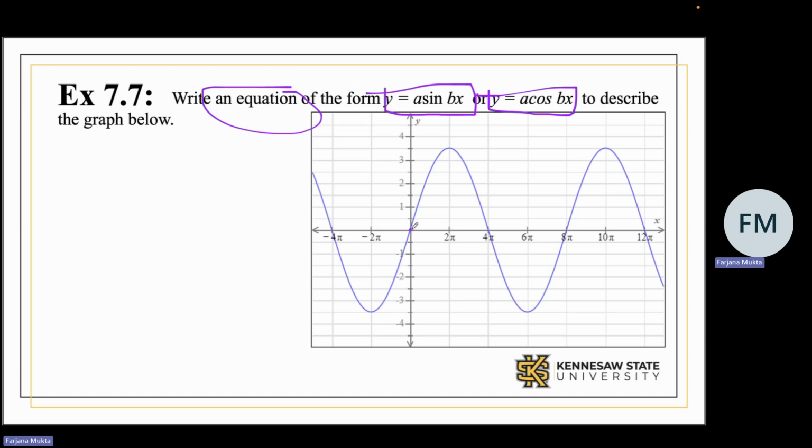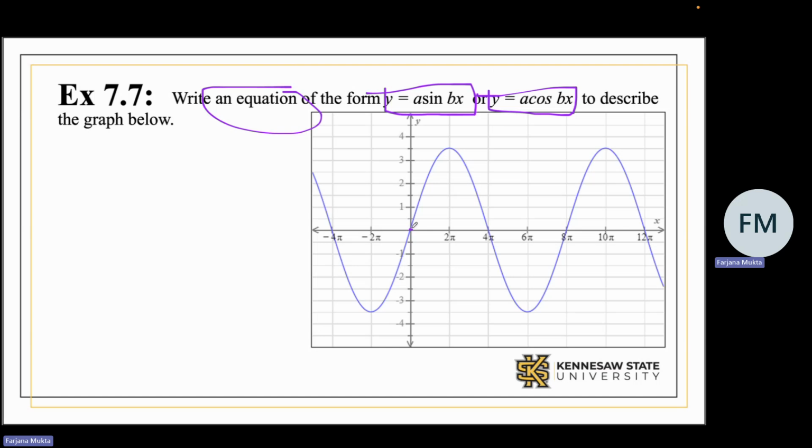Both x and y values are 0. Since the graph is starting from 0 and the corresponding value for the angle 0 is 0, for which function does that happen, sine or cosine? Sine, of course, right? For cosine, the value at 0 is not 0.